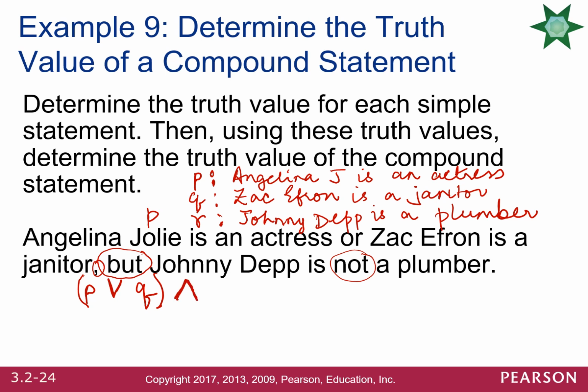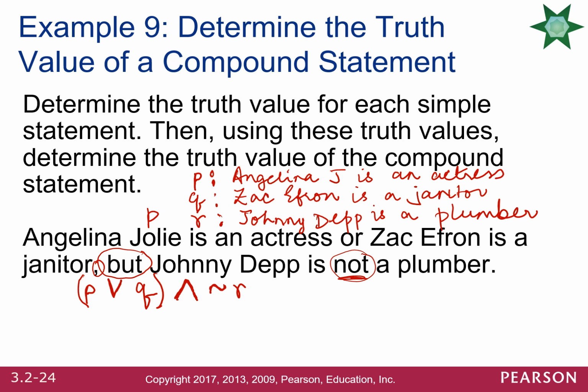So I'm going to write the and symbol, and it's R, but over here in the sentence, it says Johnny Depp is not a plumber. So we have to take that into account when we are setting up the statement in symbolic form. You have to say not R. You have to use the tilde to negate R.